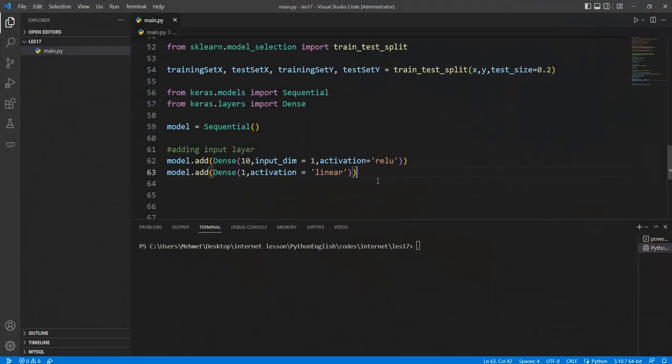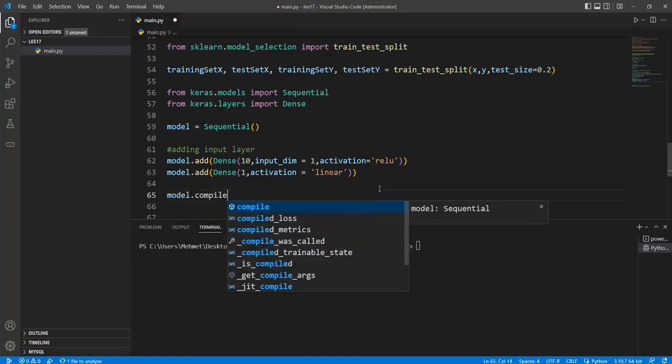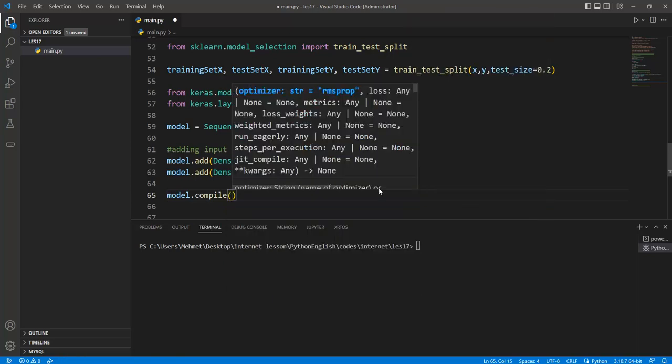And then how can we train our neural network? In order to give some optimization function, we should utilize the compile function of the model.